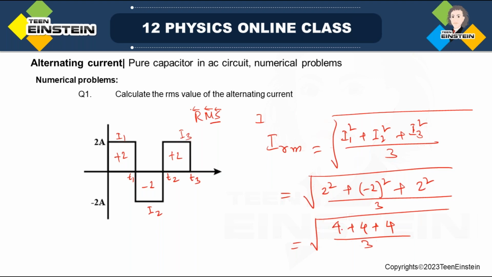So this gives 12 over 3, that is 4. So you get the square root of 4, which is 2. So this is 2 ampere.